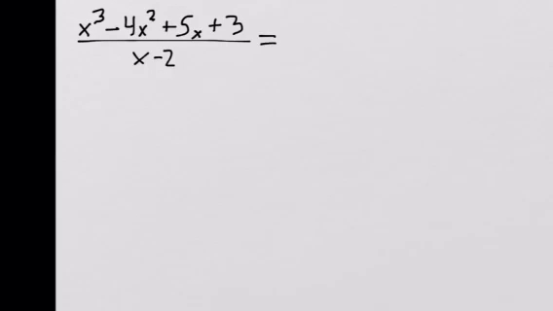And it turns out that equals x squared minus 2x plus 1 plus 5 over x minus 2.